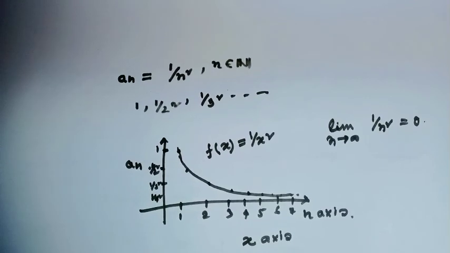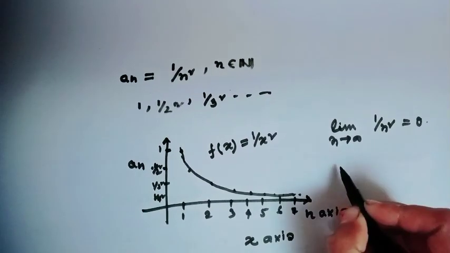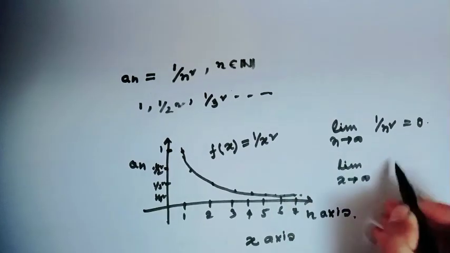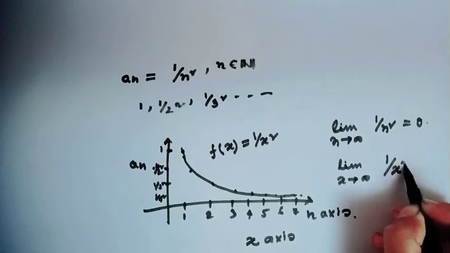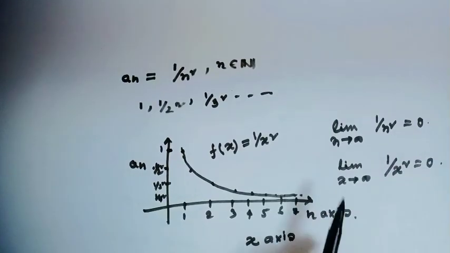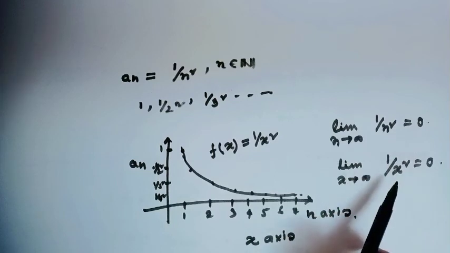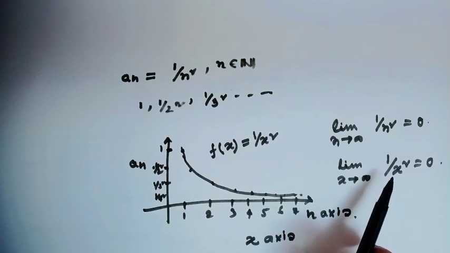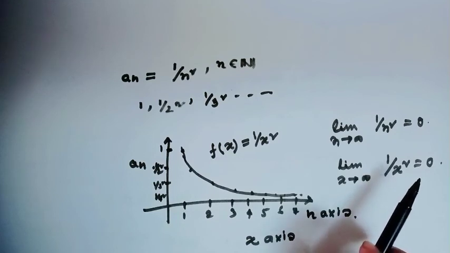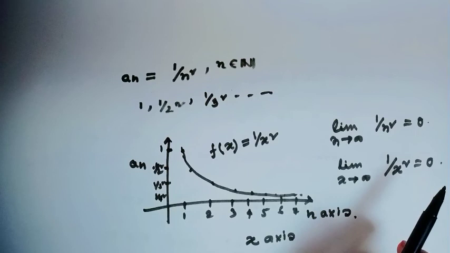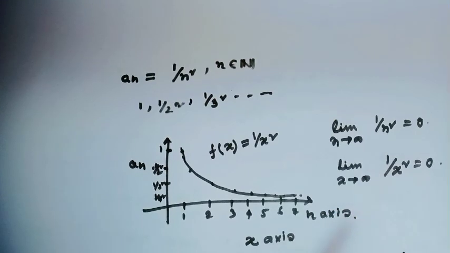Well, then this is also true: limit as x tends to infinity of 1 over x square equal 0. Here just 1, 2, 3, and so on. Here x. Okay. So, if a sequence has a limit, then the function also has a limit.